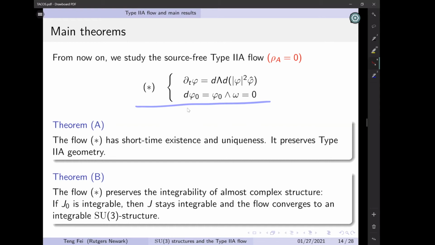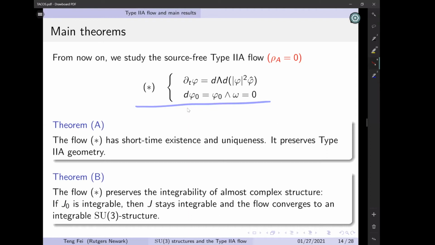Our second result says this flow we introduce preserves integrability of the almost complex structure. That is, if your initial data phi naught has an associated J that is integrable, if J naught is integrable, then the evolving almost complex structure J stays integrable, and the flow in this case will converge to an integrable SU3 structure.